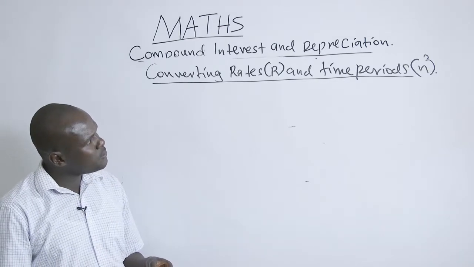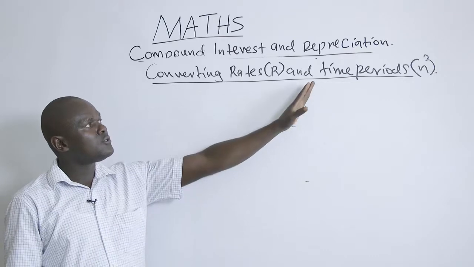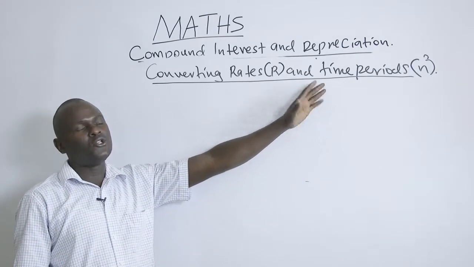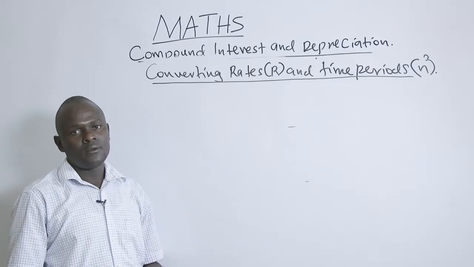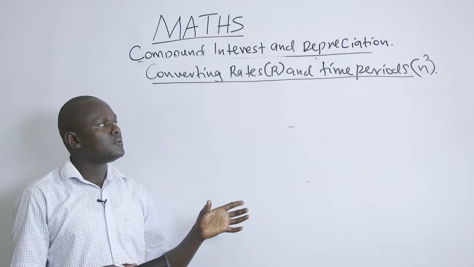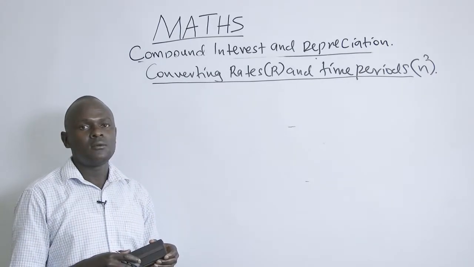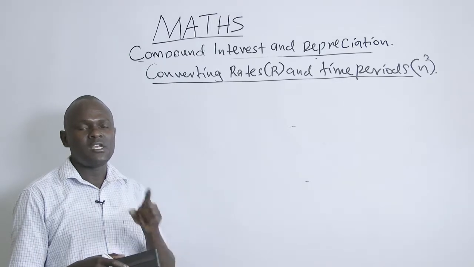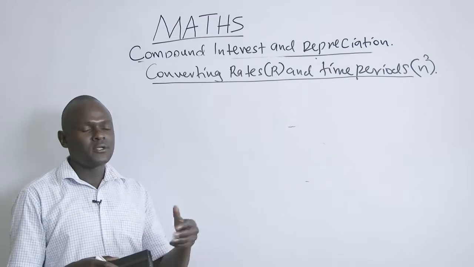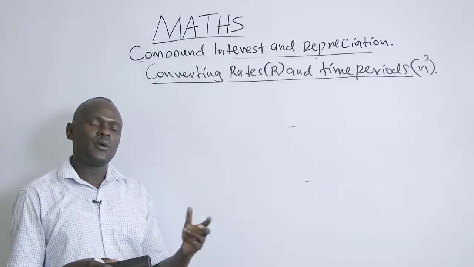Another thing that we need to know, apart from conversion of the rates, is how many periods we have. Because when they say that compound interest is going to be compounded monthly in a year, it means that we have several periods within a year. Remember, a year has 12 months.